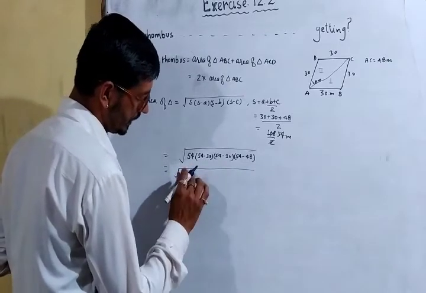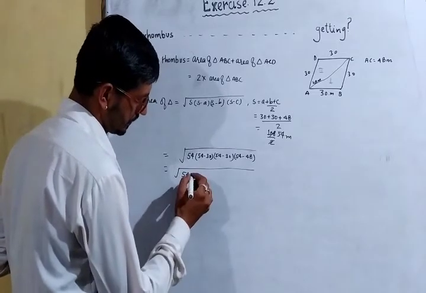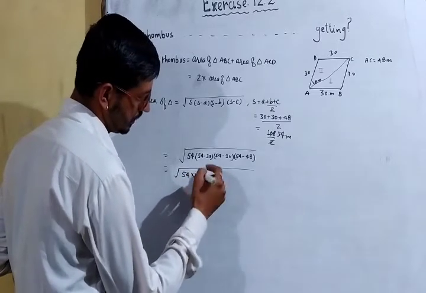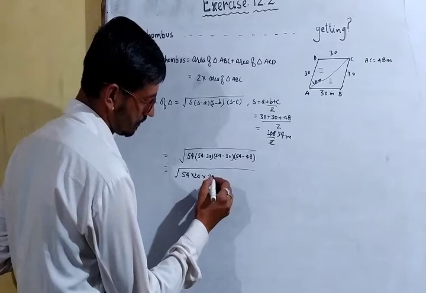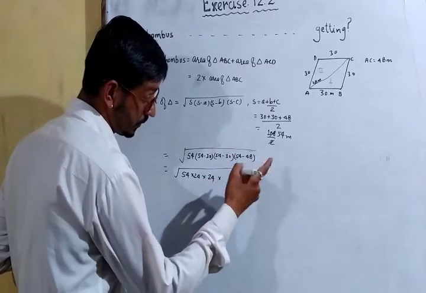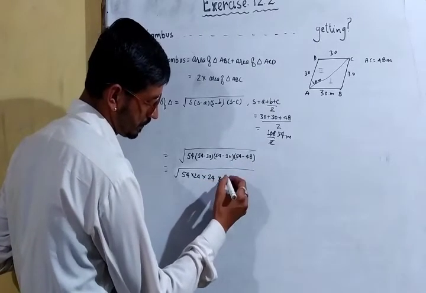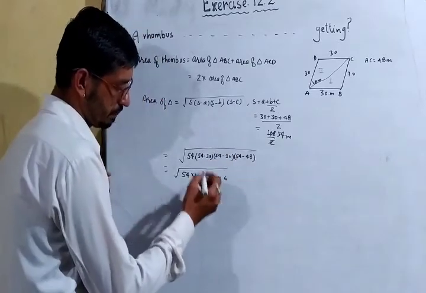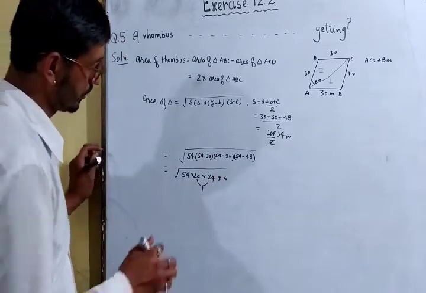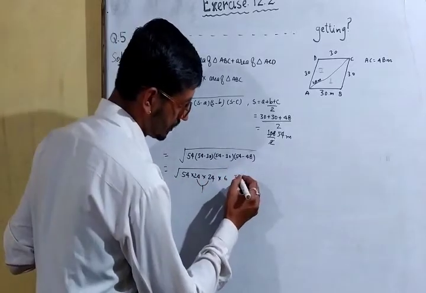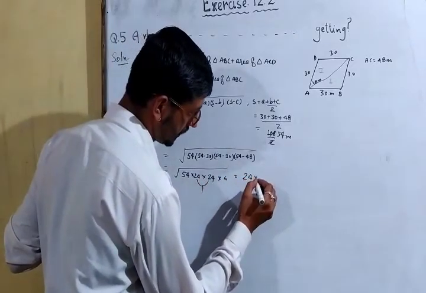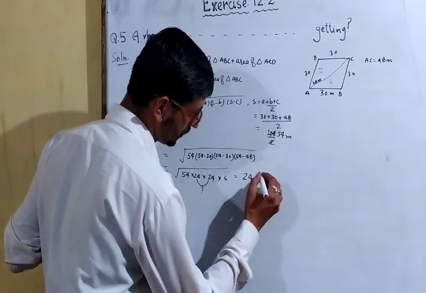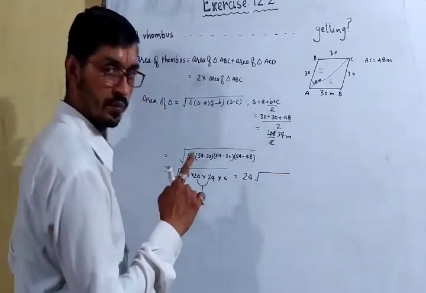54 minus 30, it will become 24. 54 minus 30, it will become again 24. 54 minus 48, it will become 6. So 24, 24, they are in pair, so we can take them out. So it will become 24, and inside root, what is there? 54. Break 54.